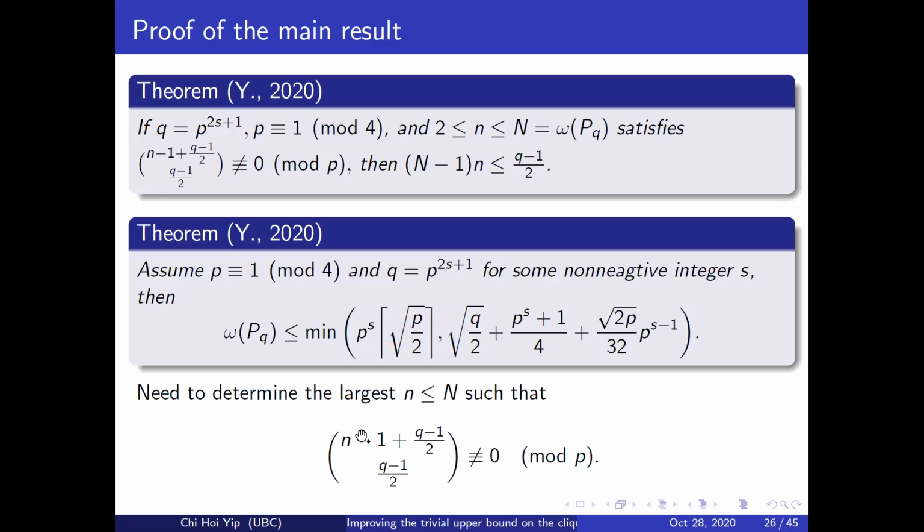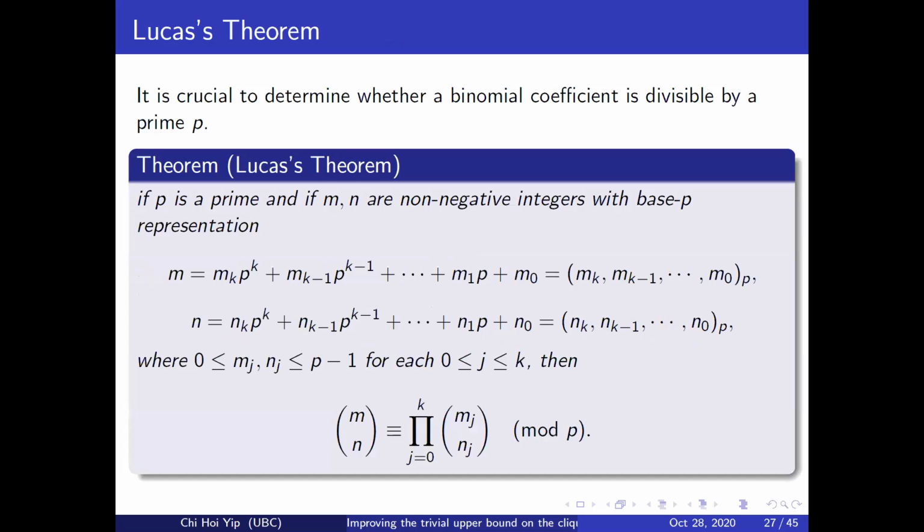But we need to see how binomial coefficients behave modulo p. And a very useful tool in determining that is the following Lucas theorem. So if p is a prime and m and n are integers, then we can write them in base p representation like this. Then Lucas theorem basically says that m choose n is the product of m_j choose n_j.